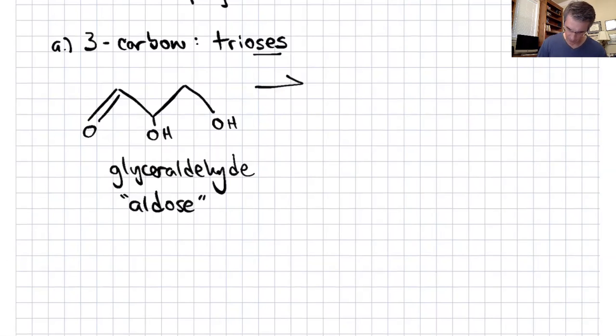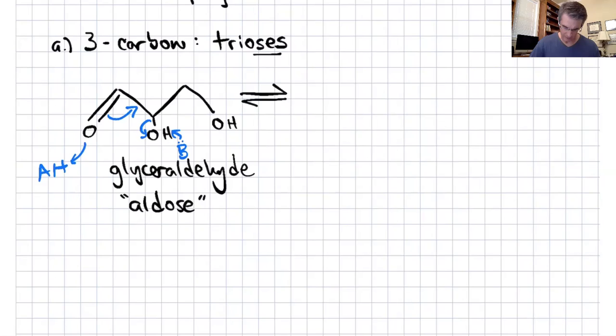And it does this through a particular intermediate that looks something like this, where if we had, say, an acid group here that could donate a proton, we move that over, and we had some way to take up that proton, we can generate an intermediate of this triose sugar that would have an alcohol group now at both of those positions, right?